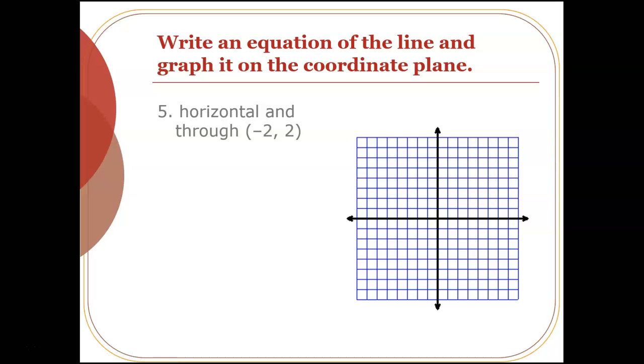Okay, horizontal and through (-2, 2). So you have the point (-2, 2). If it's horizontal, then your slope is 0, because any other point you pick on that graph will make the numerator 0, because all of the y values are 2.